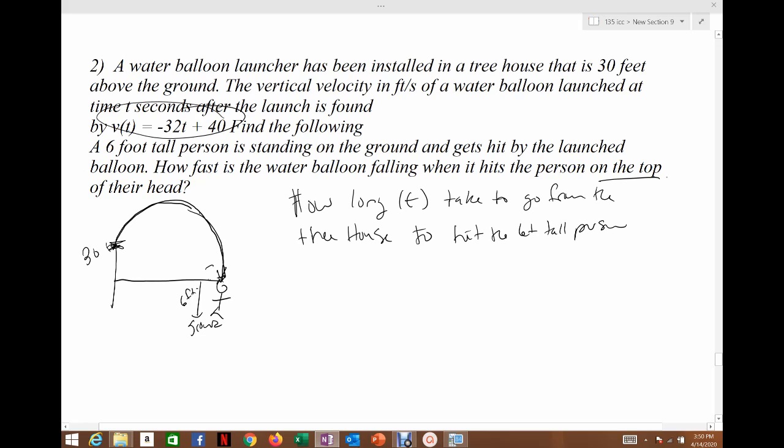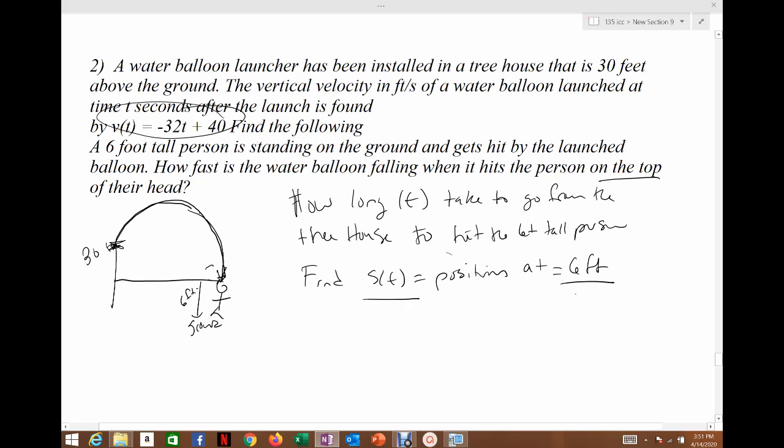Again, it's on the top of the head, so how long does it take to go from the treehouse to hitting the person on the top of their head? So 6 feet above the ground. So I need to find the position equation and then set it equal to 6 feet and find time. So there's two parts to this.